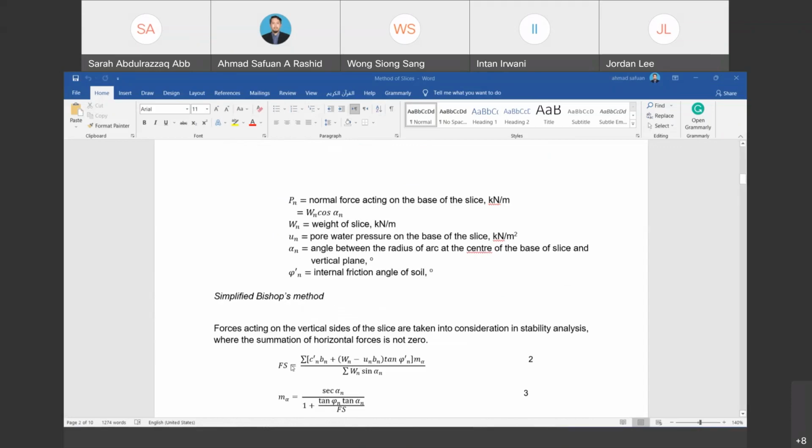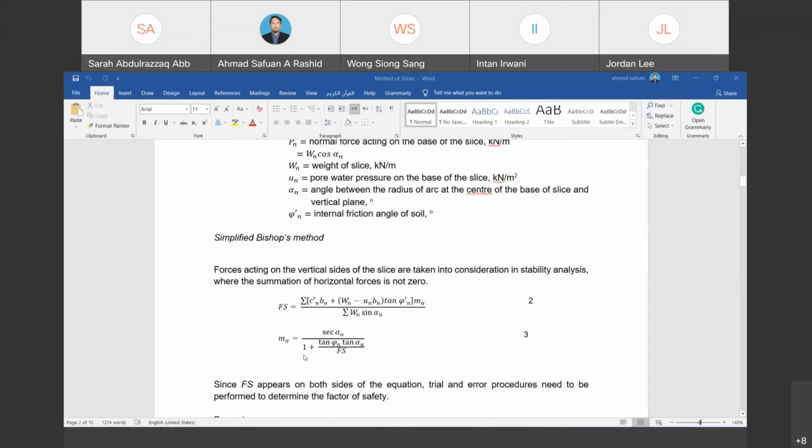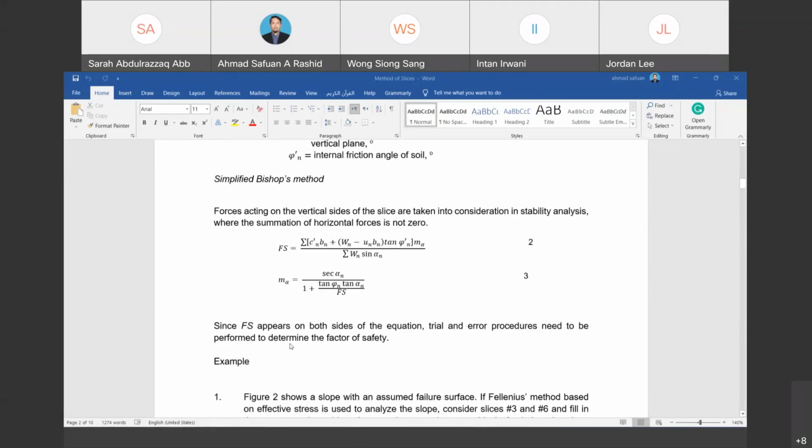While for the Bishop, this is the equation, where the cB is similar to the explanation in the Fellenius. However, the difference is that they have the M alpha. Since Fs appears on both sides of the equation, a trial and error procedure needs to be performed to determine the factor of safety value, as I mentioned previously based on the slide.